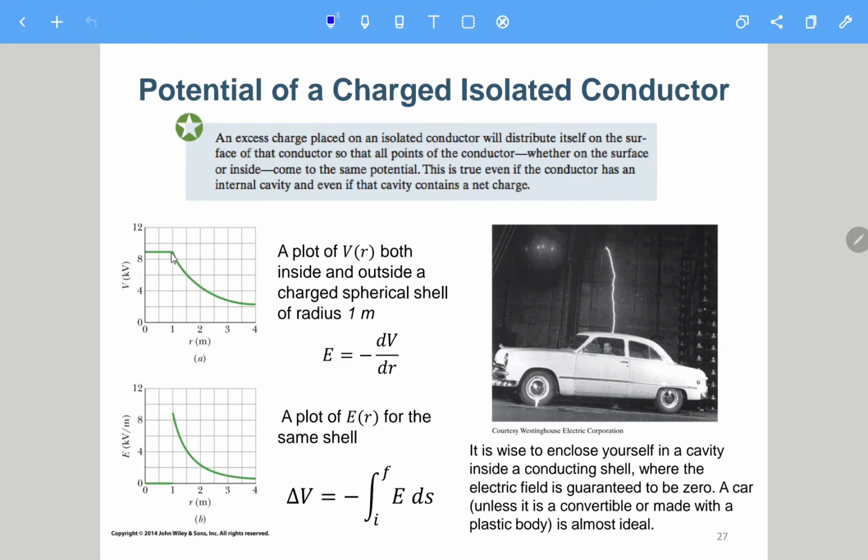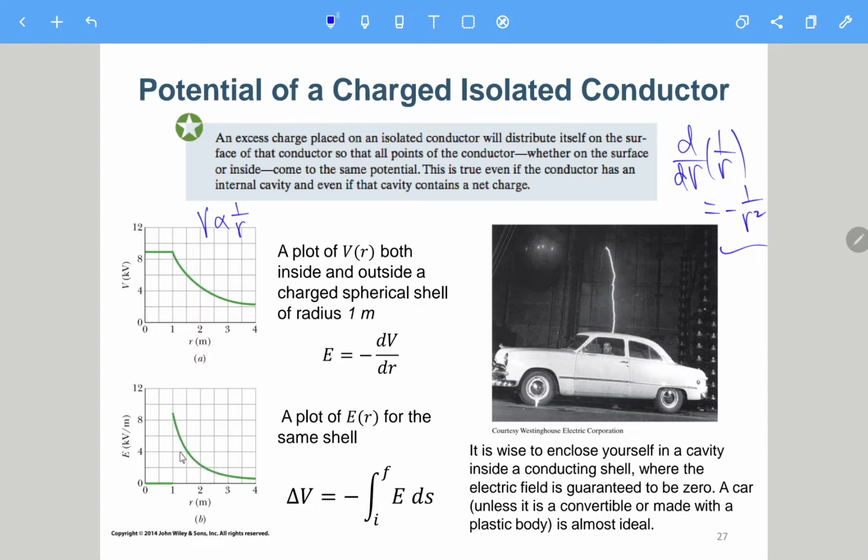Here this one is decreasing, and V is inversely proportional to 1 over R. If we take the derivative with respect to R of 1 over R, it becomes negative 1 over R squared, and with another negative sign it becomes 1 over R squared.